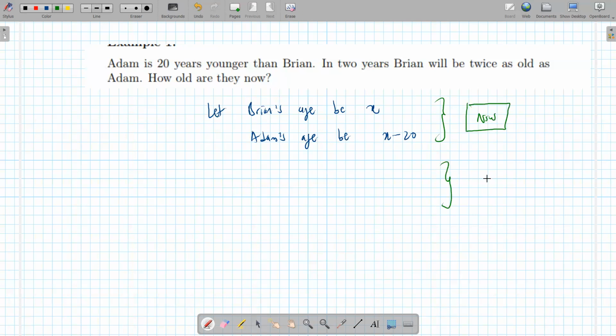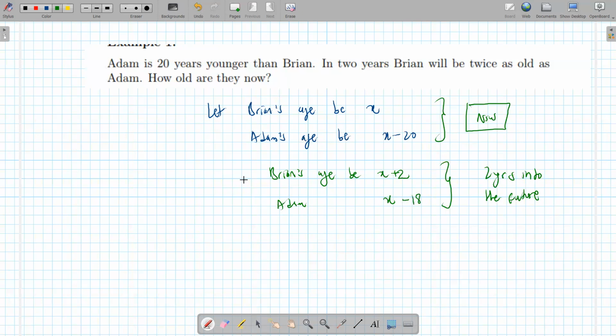Now let's fast forward 2 years from now. 2 years into the future. What will Brian's age be? X plus 2. Yeah. What's gonna be Adam's? X minus 18.